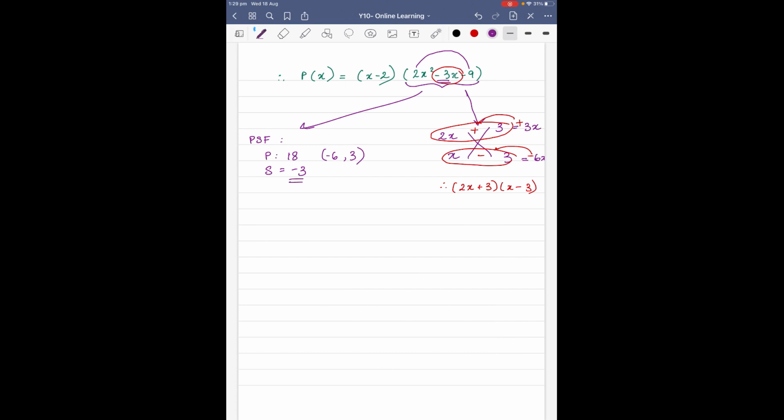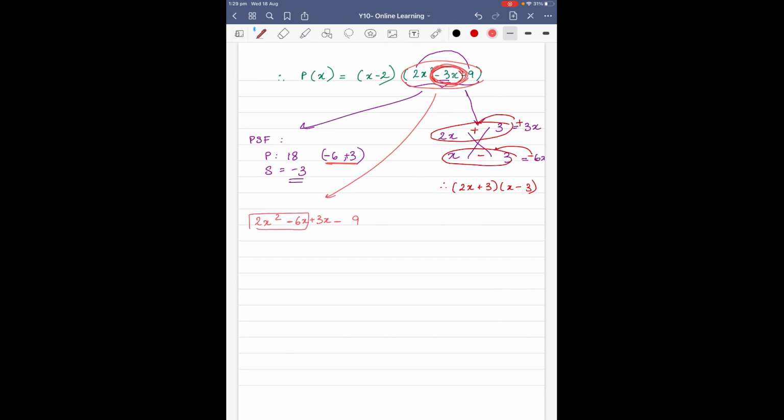So we can have minus 6 plus 3, which gives you minus 3. So I'm going to rewrite this now. If I rewrite it, we can have 2x squared, minus 9 on the end. The minus 3x, we're going to change using these terms here, so minus 6x plus 3x, which gives you minus 3x.